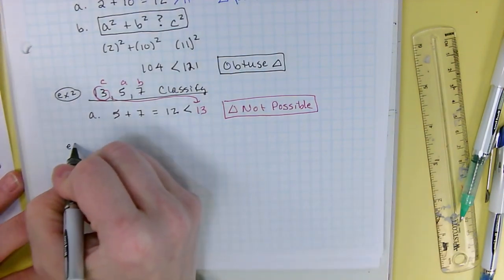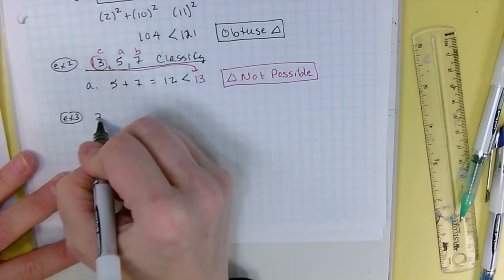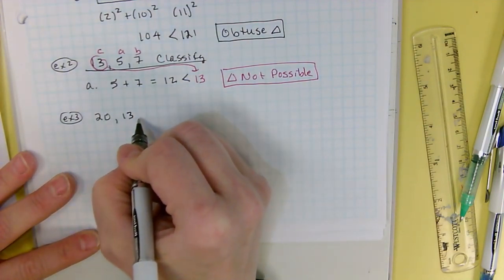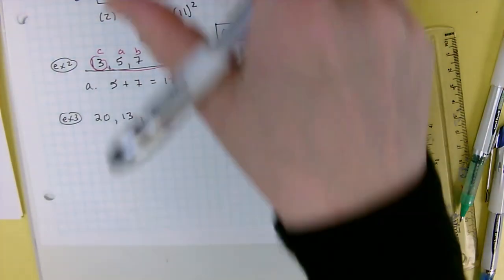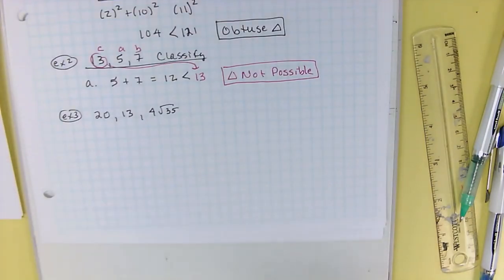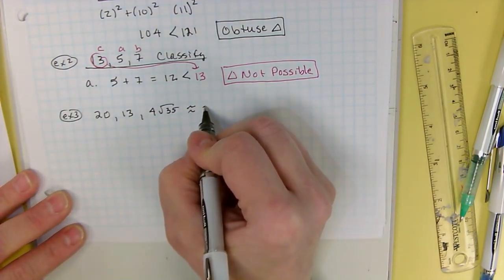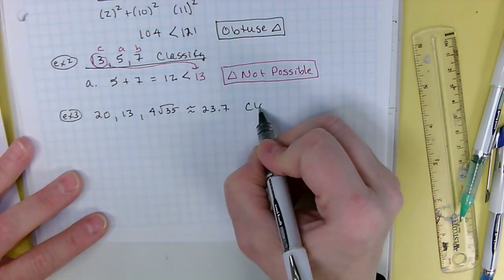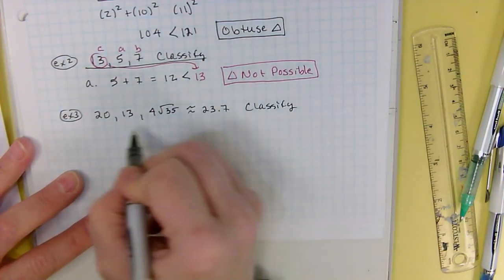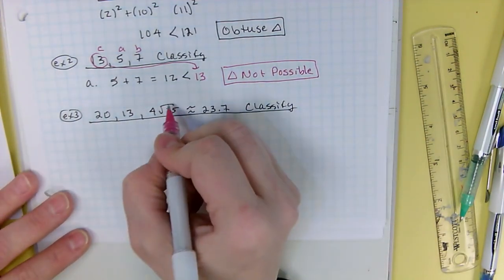All right, last one. Example 3. Let's say you've got side lengths 20, 13, and 4 radical 35. And 4 radical 35 turns out to be about 23.7. So you're supposed to, again, classify the triangle. So obviously 23.7 is the biggest side.